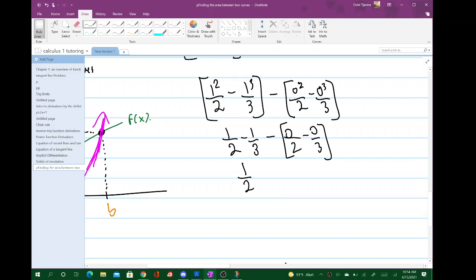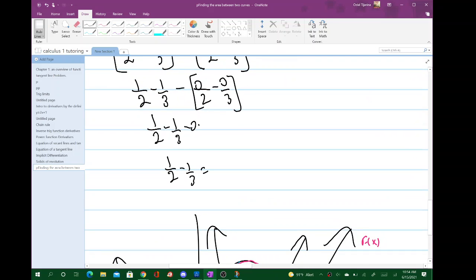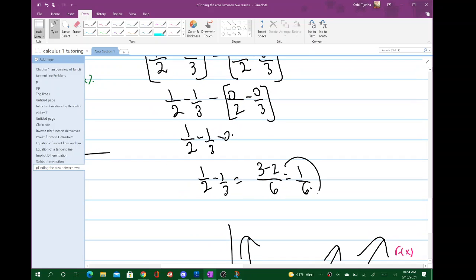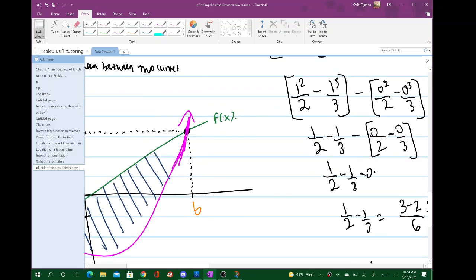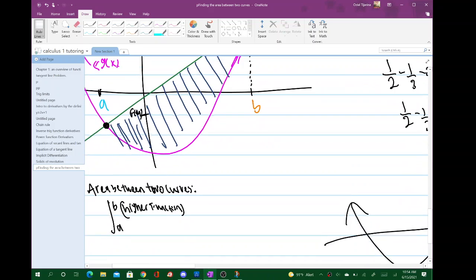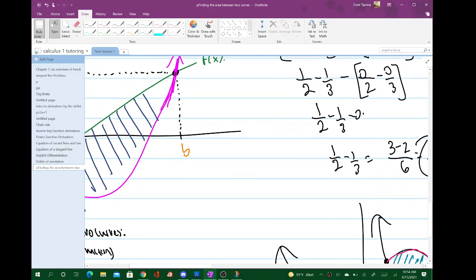So you have 1/2 minus 1/3 minus 0, which is just 1/2 minus 1/3, and that's equal to 3 minus 2 over 6, which is just 1 over 6. So the area would be 1/6. And that is your answer for this.